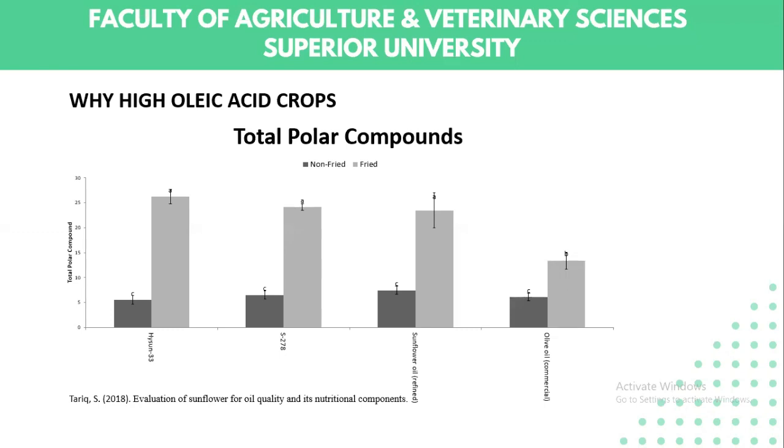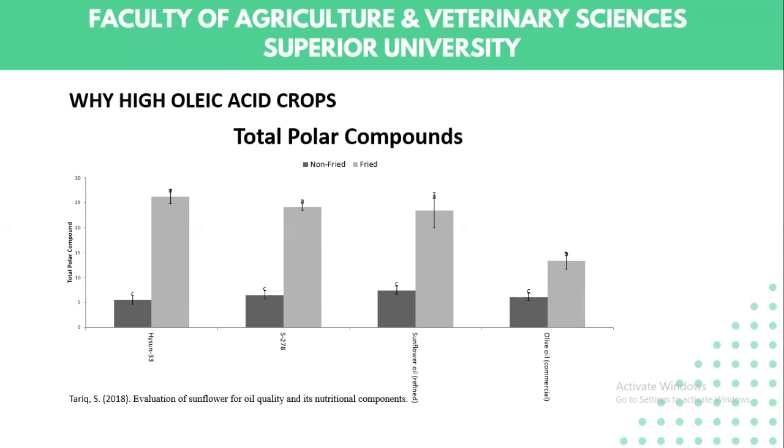This sunflower oil was a refined sunflower oil we obtained from the market, and when a student heated or fried that oil for several hours, and after that we determined its polar compounds, there was a several-fold increase in the total polar compounds. This is indicative that the oil had turned rancid.